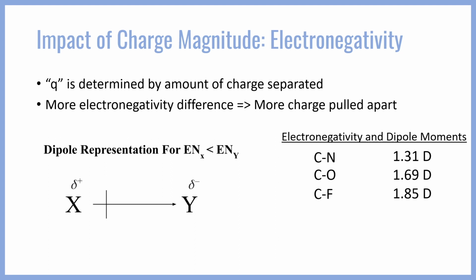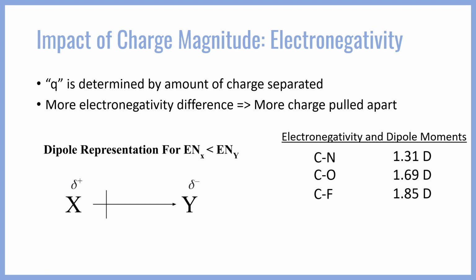F being the most electronegative. If we look at the dipole moments, we clearly see that the magnitude of the dipole moment, the polarity of the carbon-nonmetal bond, increases very nicely as the electronegativity of the nonmetal increases. Clearly, the more electronegative the nonmetal is, the more polar that bond is, the larger the dipole moment associated with it.